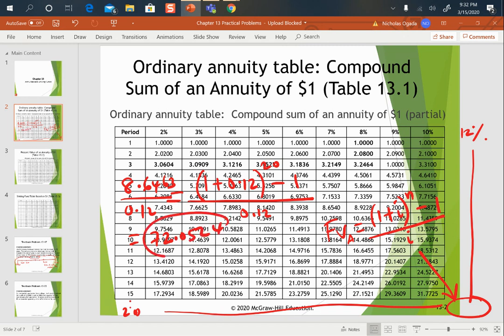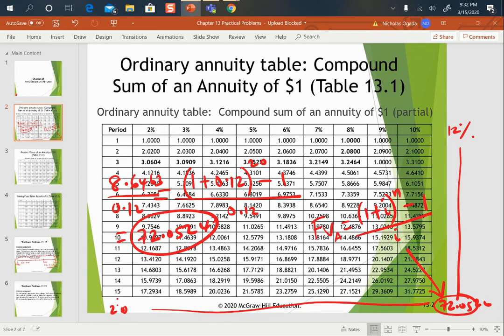72.0524. So this is the table factor that is supposed to represent the 12% and a period of 20. Again, if you have access to the table, you'll see that value to be 72.0524. Exactly, that will be the value.